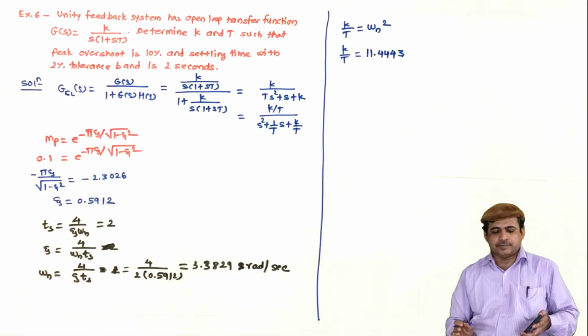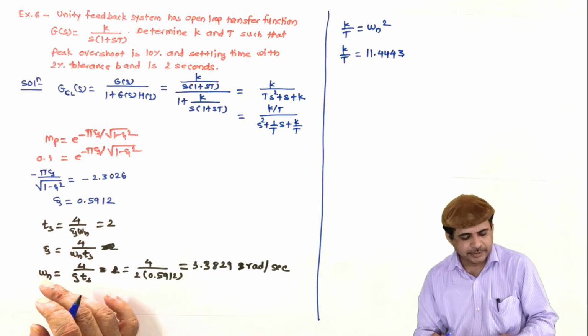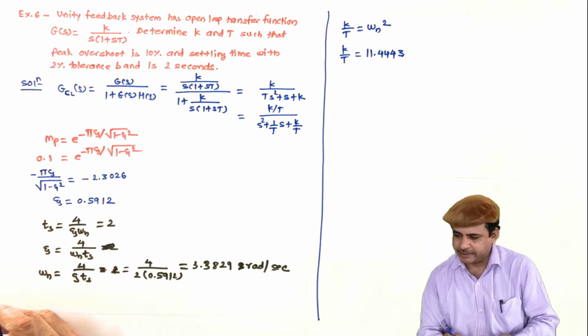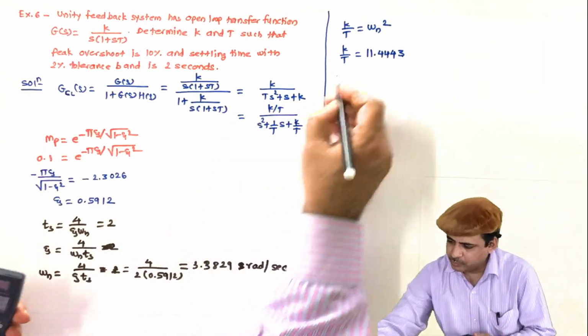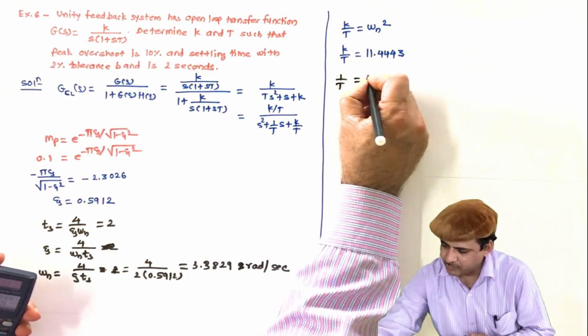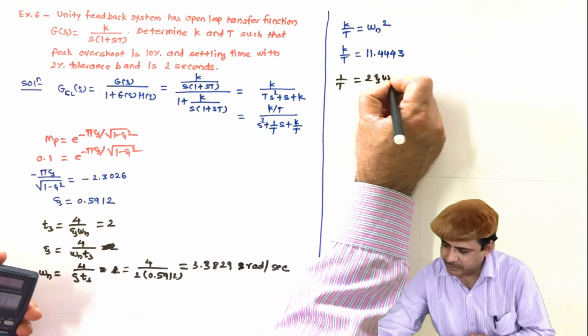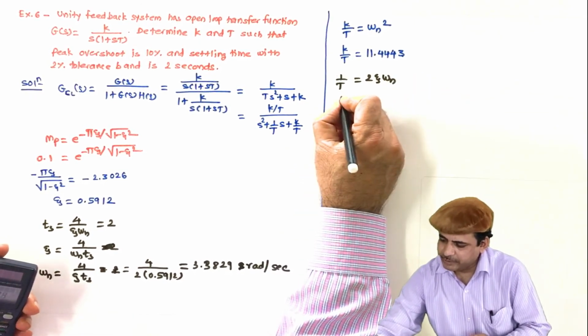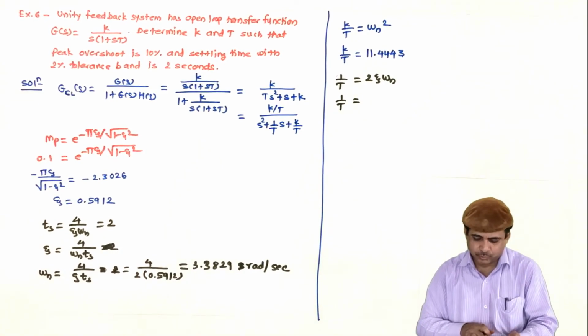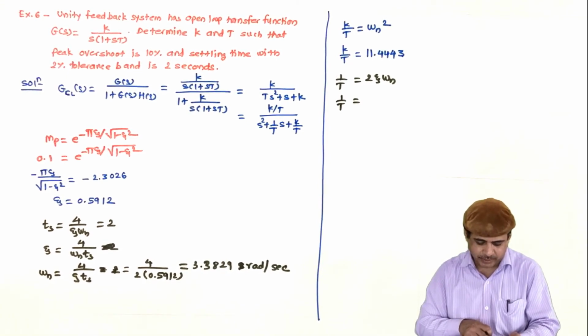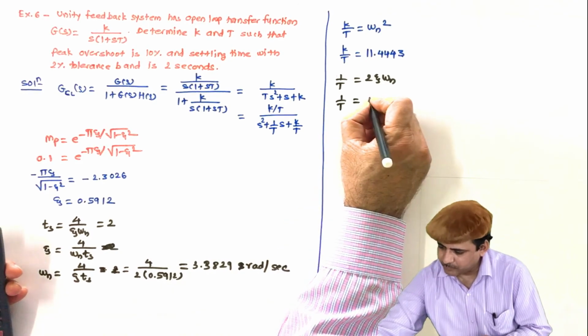This one we have got, and next we will get 2 zeta omega n. 1 by T is equal to 2 zeta omega n. So 1 by T equal to 2 into zeta, 0.5912, into omega n, 3.3829, that is 4.